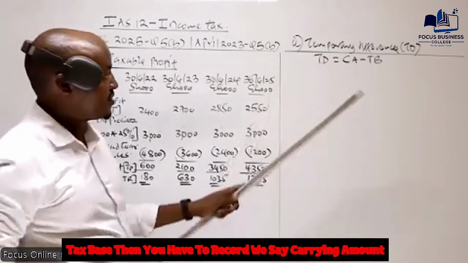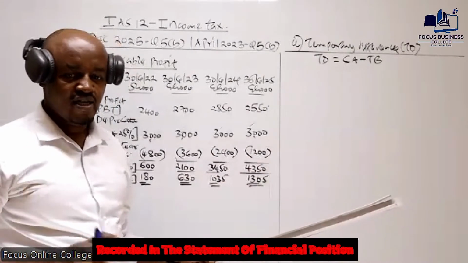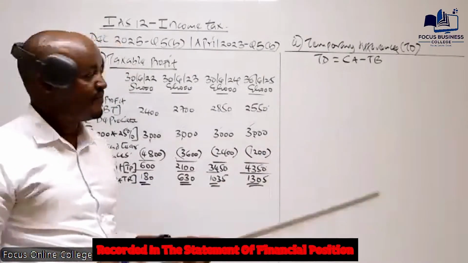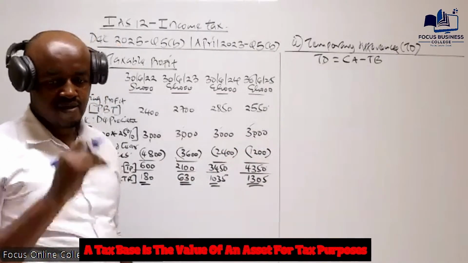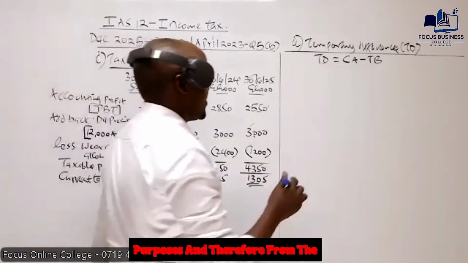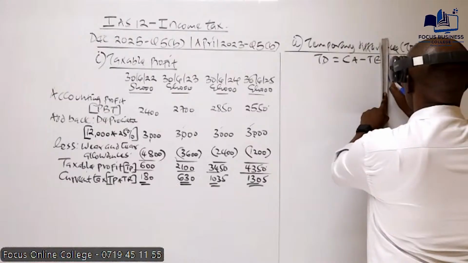Recall, carrying amount is the value at which an asset is recorded in the statement of financial position. A tax base is the value of an asset for tax purposes.